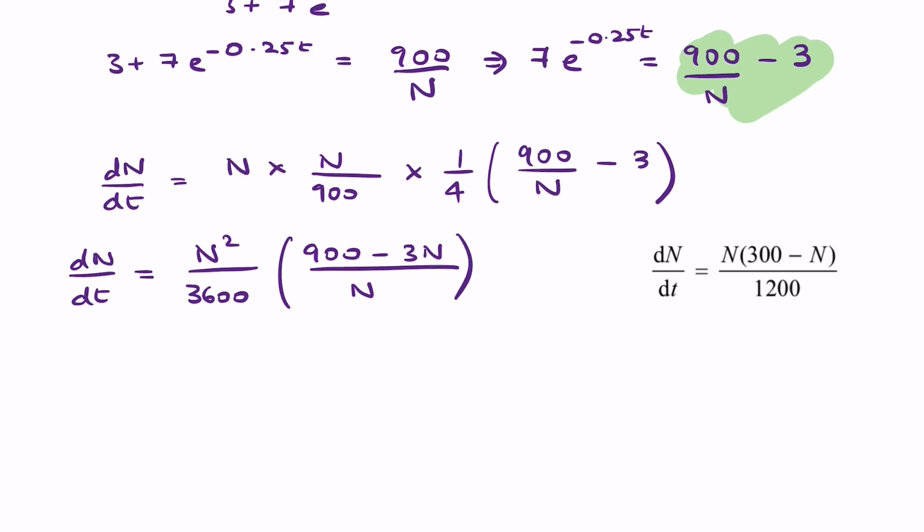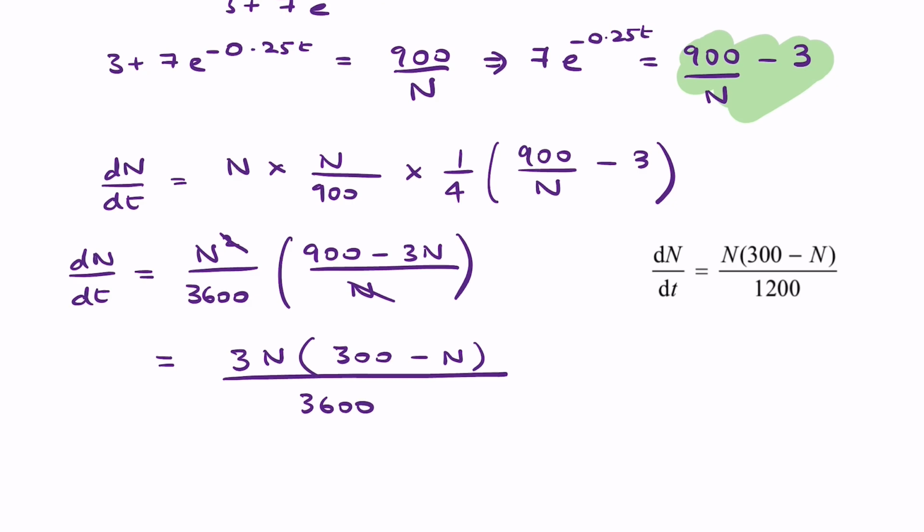So n and n cancel out. I have a factor of 3 that I can take out, so 3n brackets 300 minus n over 3600, and 3 goes into 3600 1200 times. So there we have our final answer.